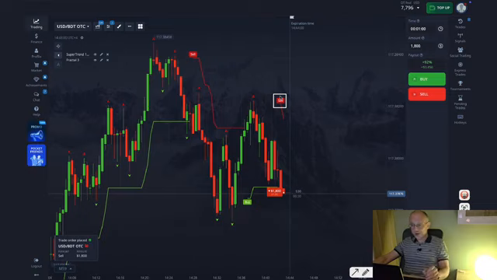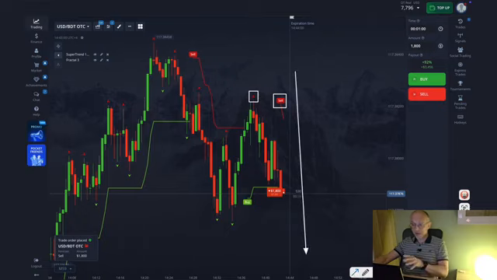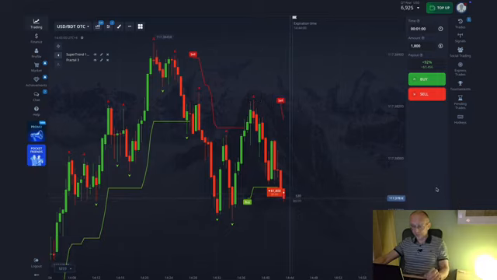And the next confirmation comes from the fractal. A red arrow also forms above the candles. This is the second, equally important signal that confirms the start of a downward trend. This coincidence of indicators strengthens the reliability of the analysis and helps to accurately determine the moment when the downward movement becomes dominant.